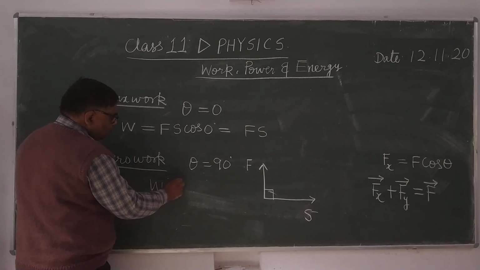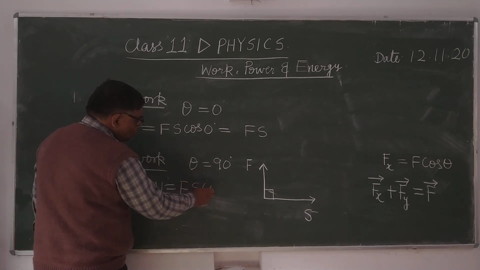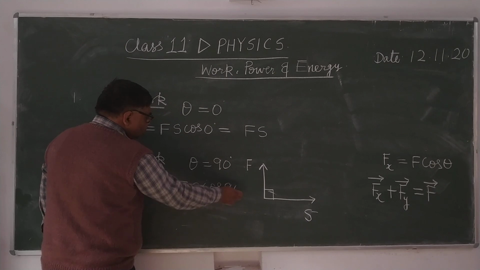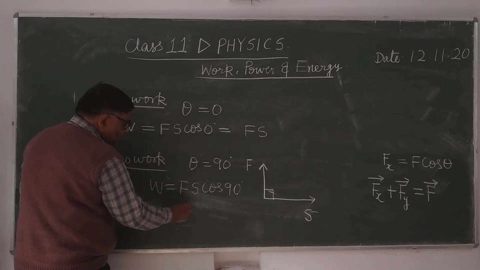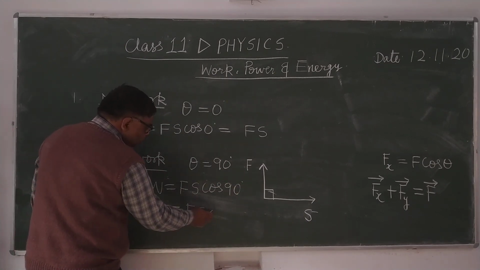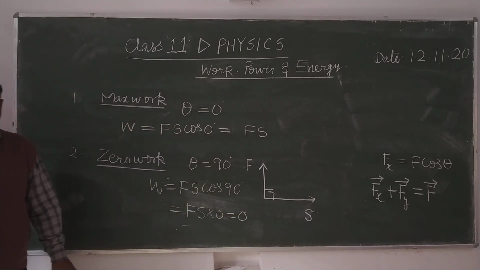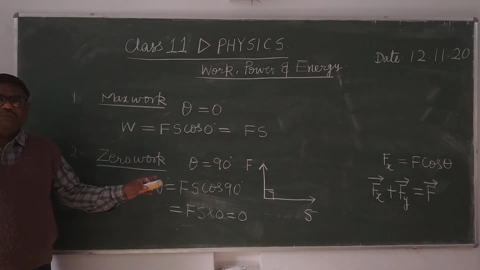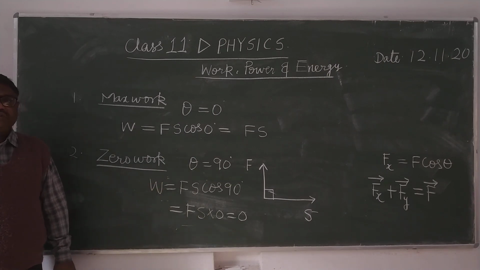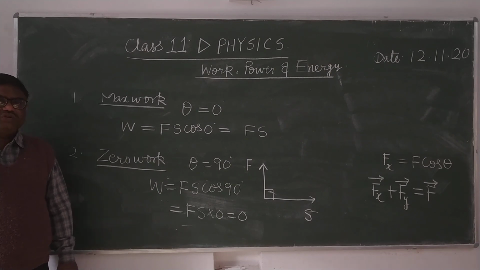W equals F into S into cos 90 degree. Cos 90 degree equals 0. That is F into S into 0, which equals 0. Means a force will produce no work if it displaces the body normal to the direction of force.